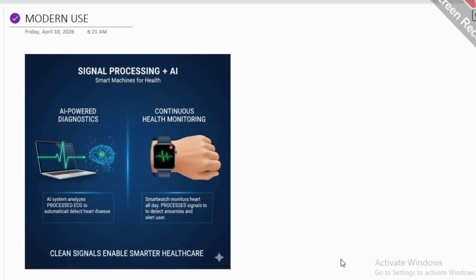In today's world, signal processing is not working alone. It is combined with AI. Machines can now learn from signals. For example, AI systems can look at an ECG signal and detect heart disease automatically. Smartwatches can monitor your heart all day. If something unusual happens, they alert you.